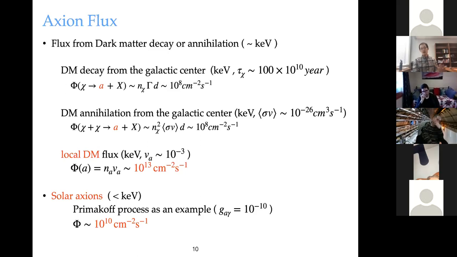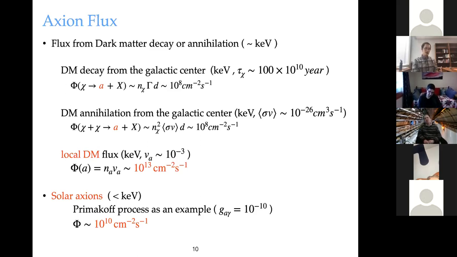You can compute the flux: dark matter decays to axions with keV energy, so the flux is n times decay rate times distance. Putting the numbers together, you get 10 to the 8 per centimeter squared per second. Is this small or large? We should compare it to another value.